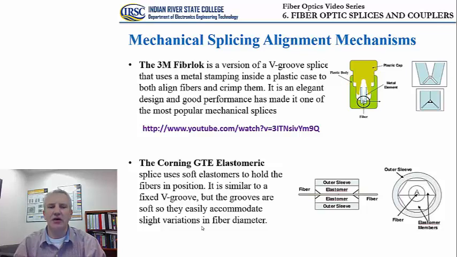And finally, Corning, as one of the main manufacturers of fiber optic equipment and cables, also has their own so-called GTE elastomeric splice that's going to use soft elastomers to hold the fibers in position. And this technique is similar to the fixed V groove, it's just that the grooves in this case are soft, so they can easily accommodate slight variations in the fiber diameter.